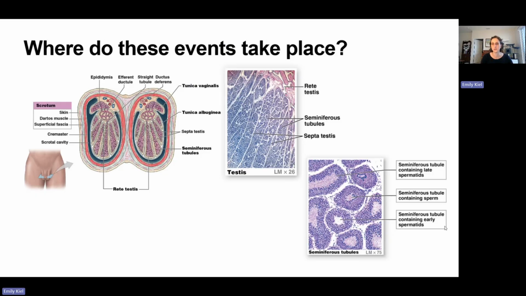And this image is showing you the different tubules containing different developments of those spermatids. So we have a tubule here that has really early spermatids. We have a tubule here that has late spermatids, and then there is actually one containing sperm here. So each one is in a different stage of the process that's leading to a continuous production of those sperm.